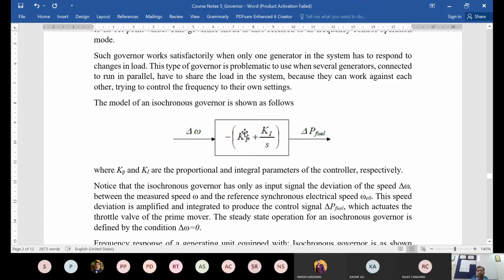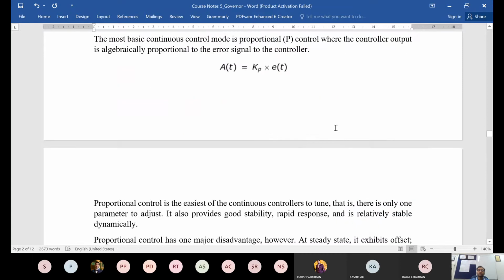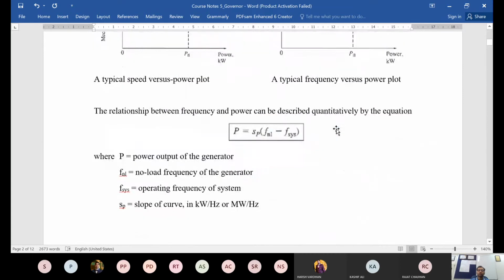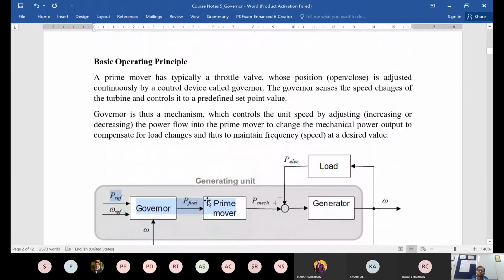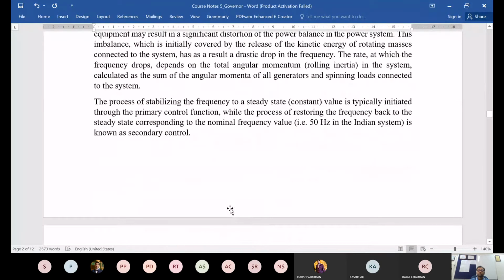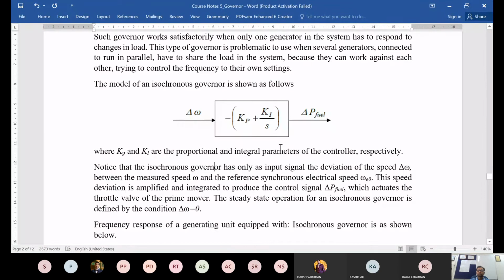So if you have a PI type controller, it is amplified and integrated to produce the control signal delta P fuel, which actuates the throttle valve of the prime mover. So this P fuel goes as the input to the valve control mechanism of the prime mover.